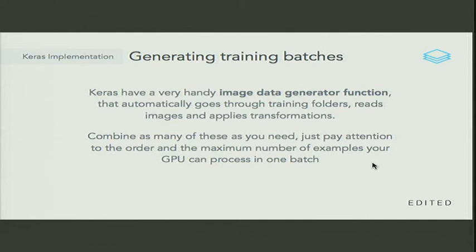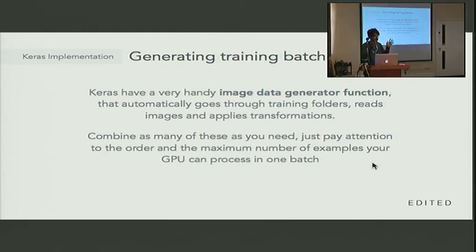So Keras has a really good image data generator because in this sort of task, you need to augment your data a lot because data is never enough. What this image data generation function in Keras does is crop the image randomly and rotate it a little bit. It's really easy to do.